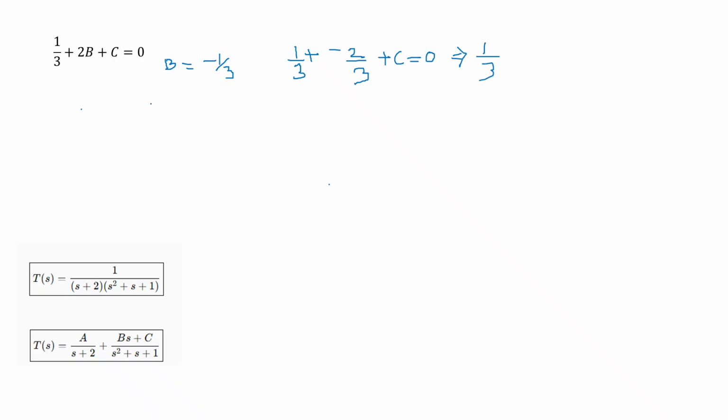Now that we got the value of a to be 1 by 3, b is also minus 1 by 3, and c to be 1 by 3 again.